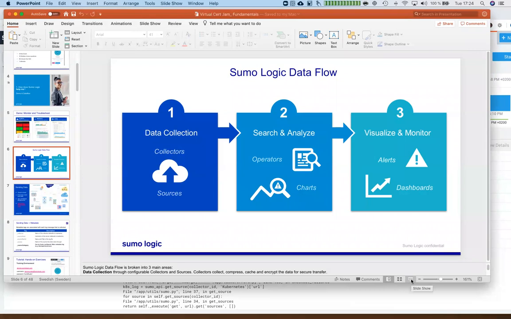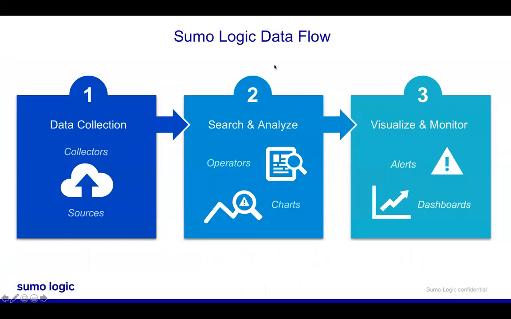So the flow within Sumo Logic is really broken down into 3 stages. First, we talk about the data collection, where we utilize something that we call a collector, and I will talk about this in the next slide. The sources that you see here in the first phase are really the data sources.